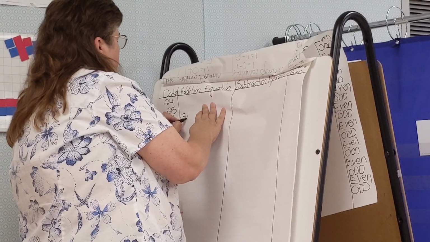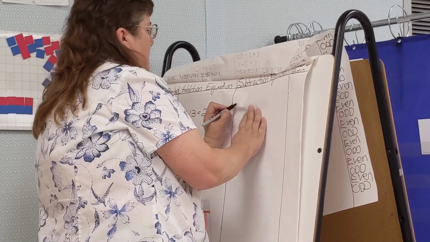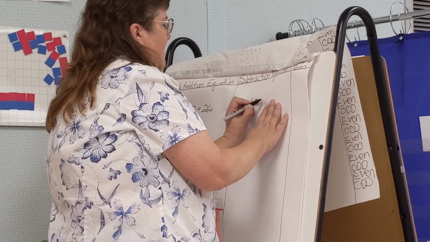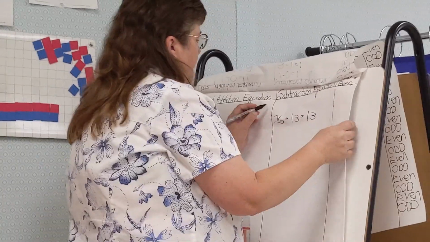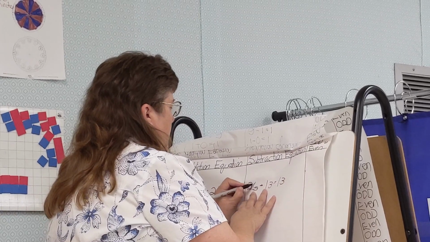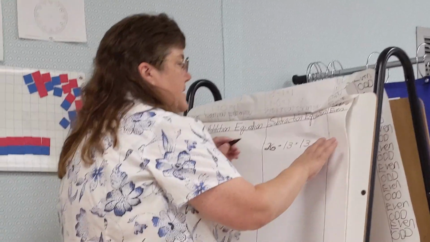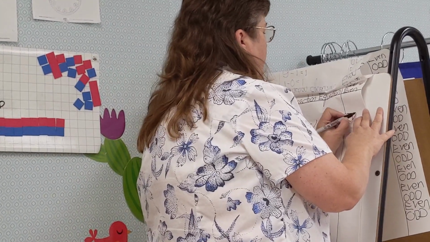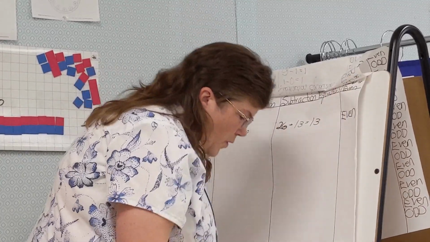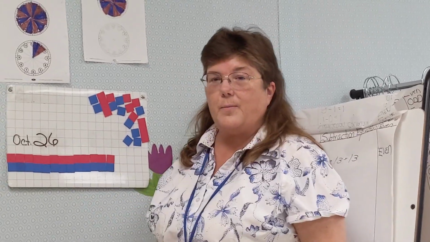So 13 plus 13 equals 26. 26 minus 13 equals 13. There you go. Okay, and I heard you guys tell me that was an even number because we have two equal rows with nothing left over. So 26 is an even number.